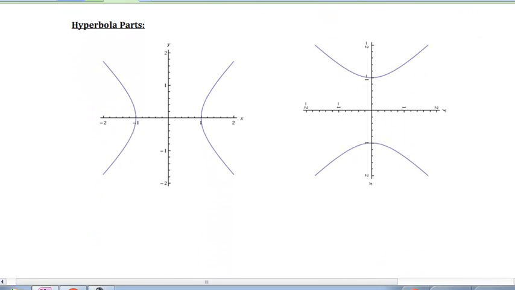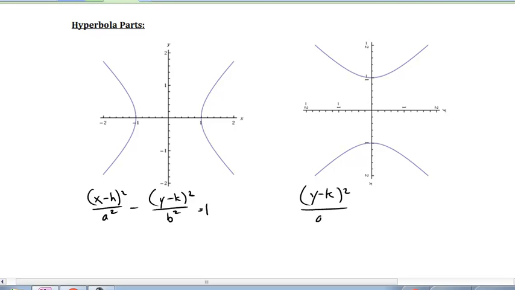Right. We say, okay, here are some basic hyperbolas. And I'll write out the basic form. This is x minus h squared over a squared minus y minus k squared over b squared equals 1. And this would be y minus k squared over a squared minus x minus h squared over b squared, again equal to 1.